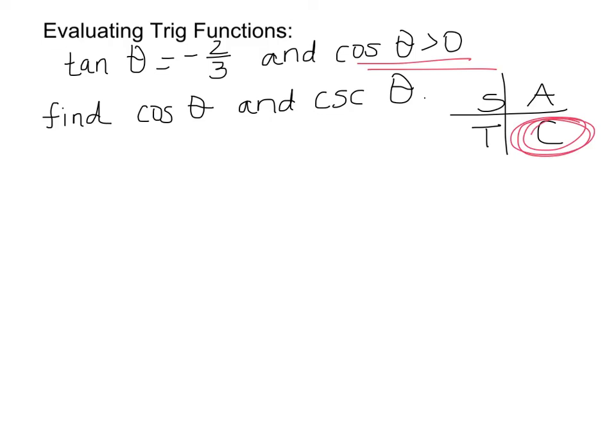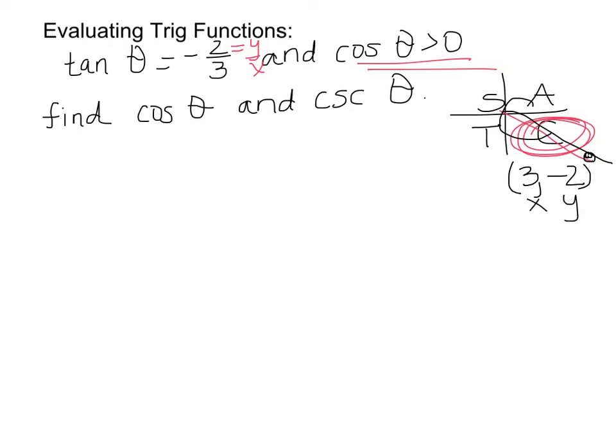And then we know that tangent is y over x, so that means that this point lies in this quadrant, and in this quadrant the x's are positive and the y's are negative. So this is x, this is y.